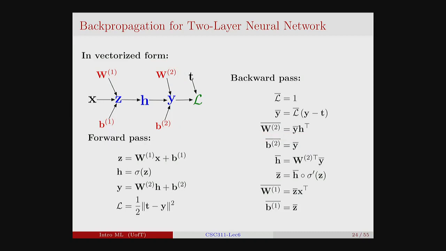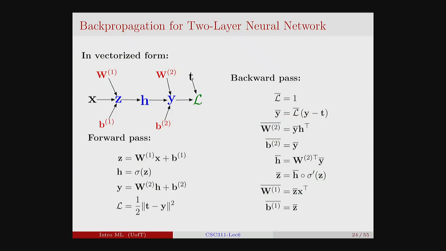If we just look at these two nodes in the graph, we know that it's going to be y bar times the derivative of this function with respect to W2, and that's just going to be h. But we need that evaluation to have the same size as matrix W2. So the operation that we actually do for W2 bar is y bar times h transpose.